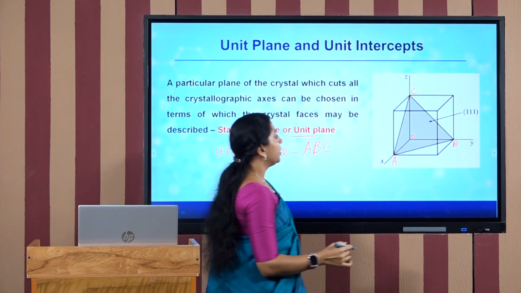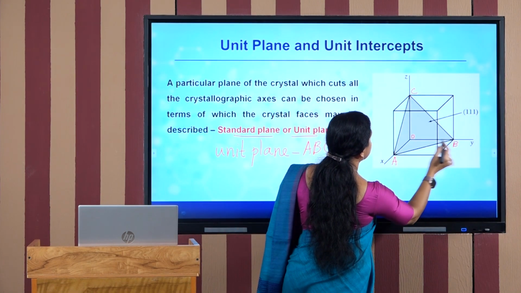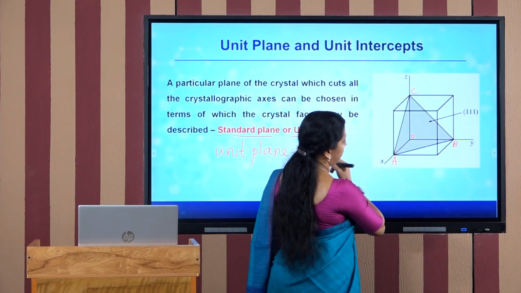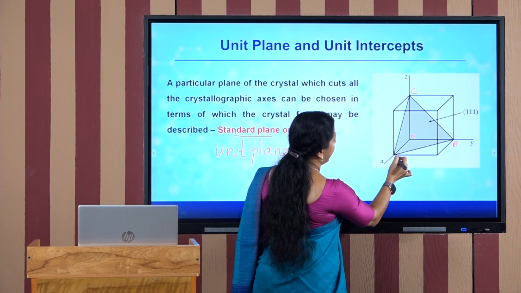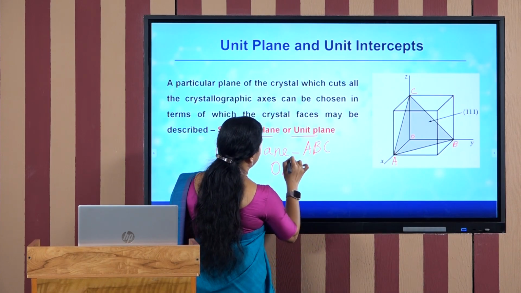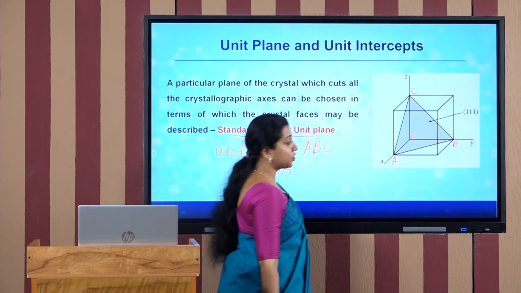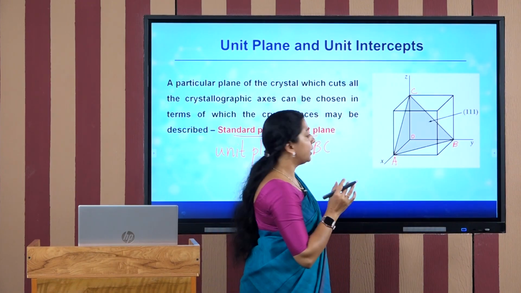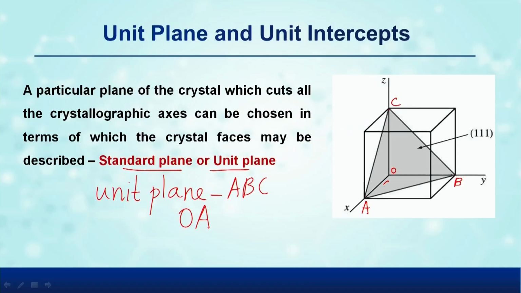Now, if we consider the distance from the origin O to A, that is OA, that denotes a distance at which the plane cuts the crystallographic axis. So, let me denote it as small a, okay. The distance OA is small a.